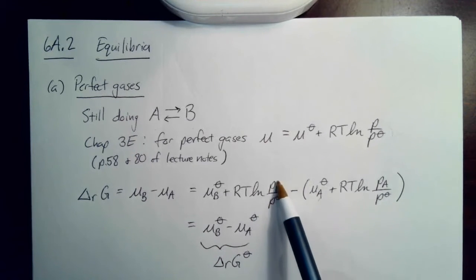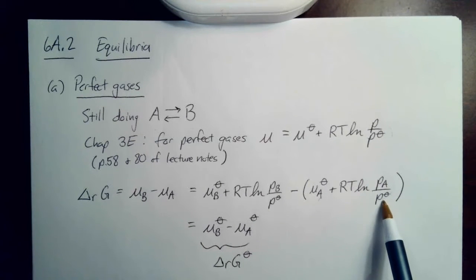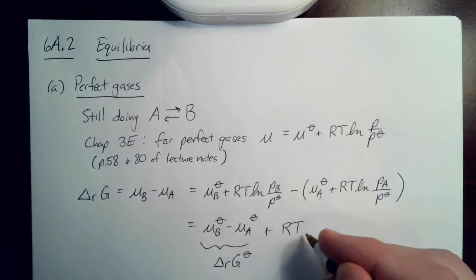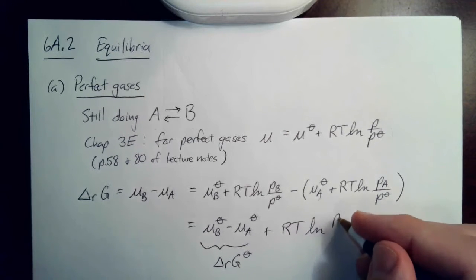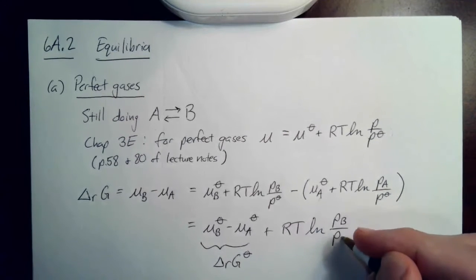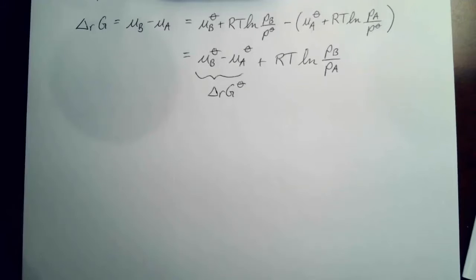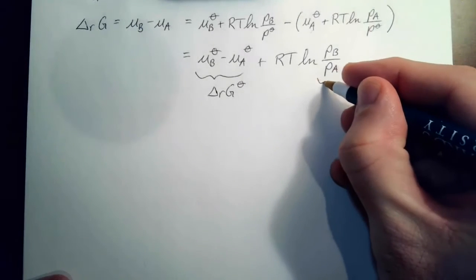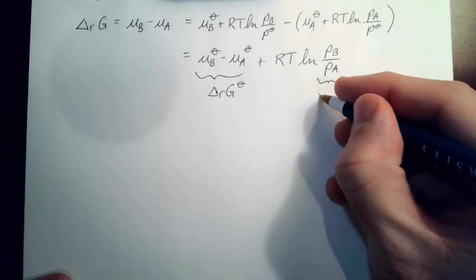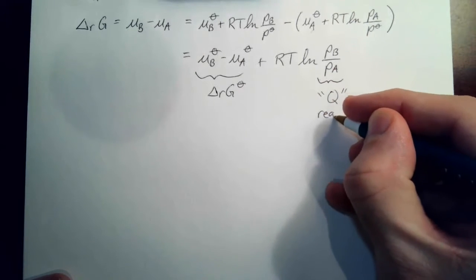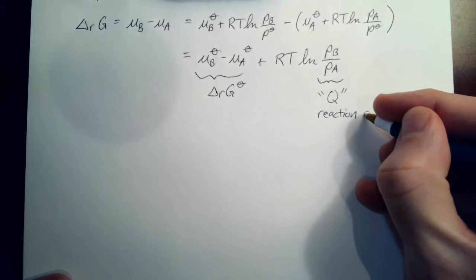So I'm going to end up with a natural log of PB over P standard divided by PA over P standard. So the P standards will cancel, and I'm left with RT ln PB over PA, the ratio of the partial pressures of the two gases. So this quantity right here, PB over PA, we're going to call this Q. And we're going to name it the reaction quotient.